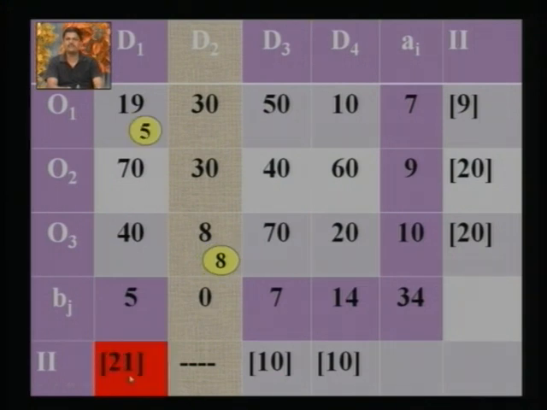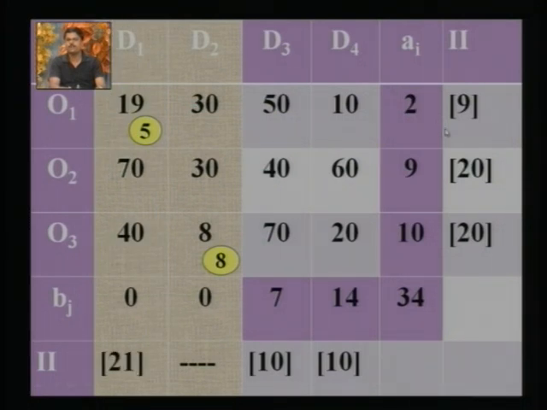So I select 21, and then in this column I have to find out the smallest cost cell. The smallest cost cell was 19, and then we assign the minimum of 7 and 5. So it is done here, 5, and then we delete this column, because 5 is taken here, so it becomes 0 and this becomes 2. So this column is deleted.